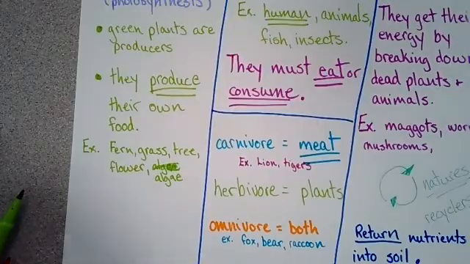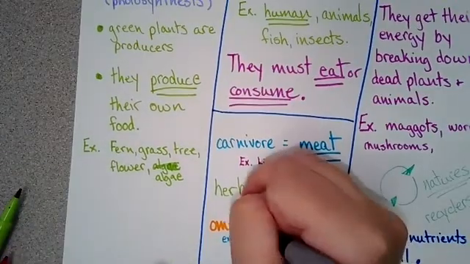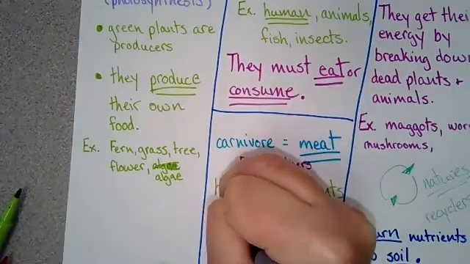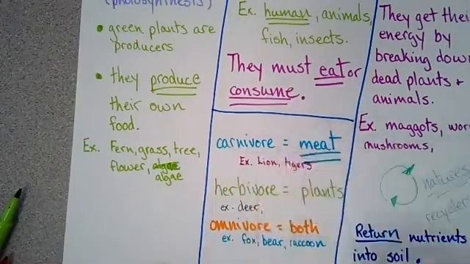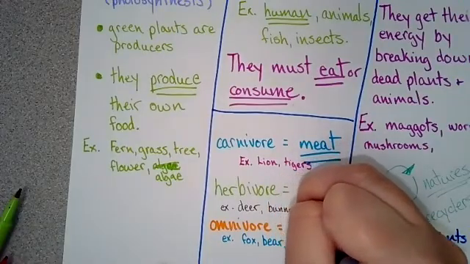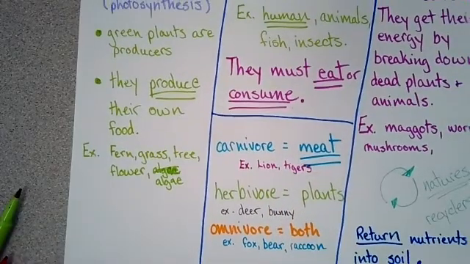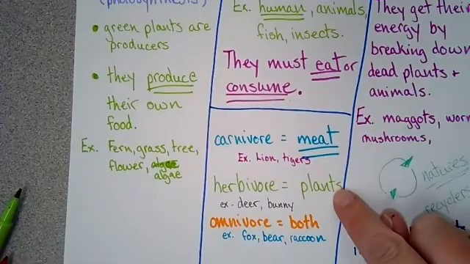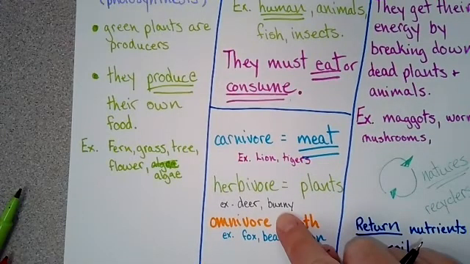And then an example of an herbivore is a deer or a bunny. Okay. All right, carnivores eat only meat, nothing else. Herbivores eat only plants. You'll never see a bunny attacking another bunny and eating it.